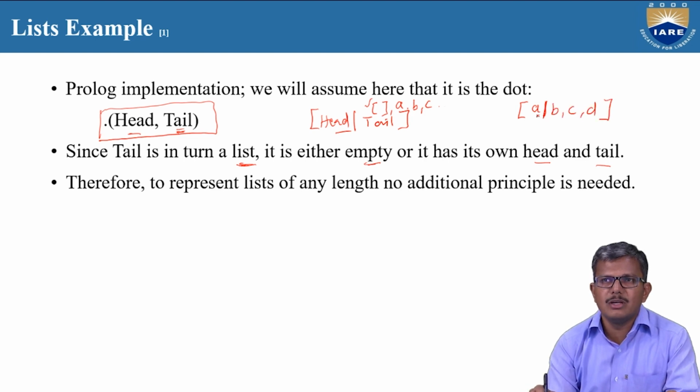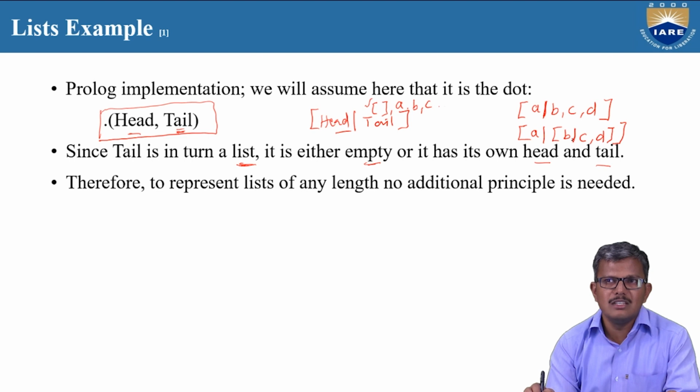So what happened? A will become the head, and B, C, D will become the tail part of the list. So this can be one thing, or otherwise it can be like this also. In this case, what is the second portion of the list? It is a tail.